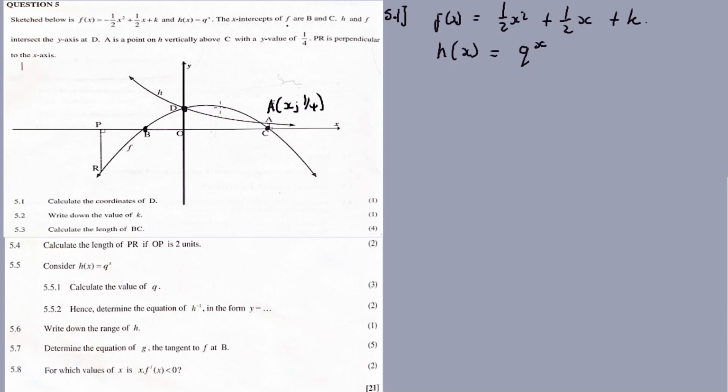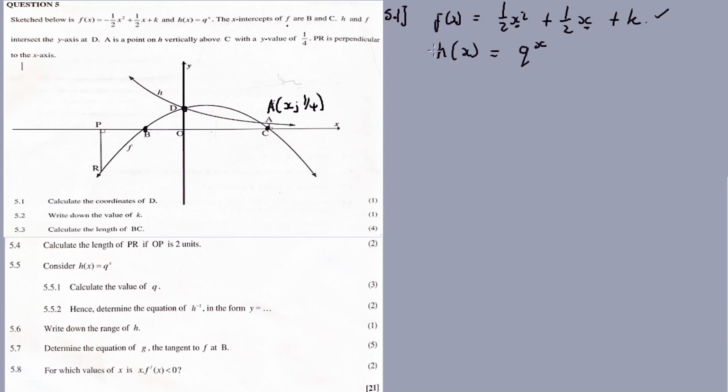Now we want the coordinates of D. Can we use the equation of f to find the coordinates of D? Of course not, because if we put in 0 for x, our answer will be k. We want the value, not a variable like k.